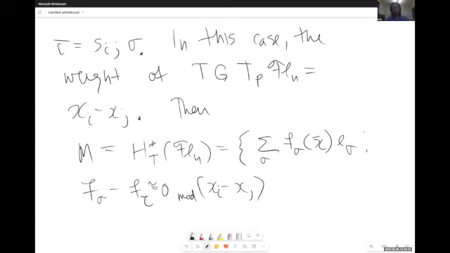In other words, it's a multiple of xi minus xj if sigma equals the transposition Sij times tau. And so this is an explicit module.